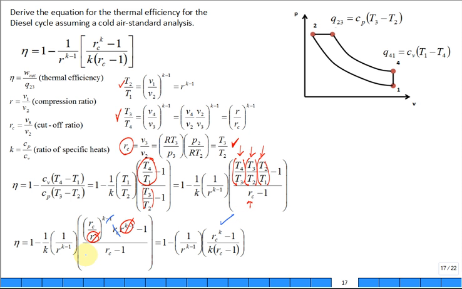So to make it look like the textbook, we just move that K inside, like that. QED. Is that helpful?